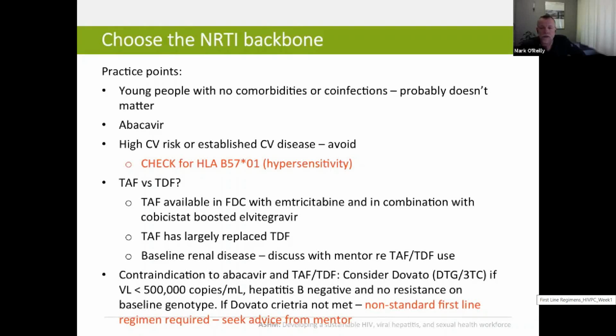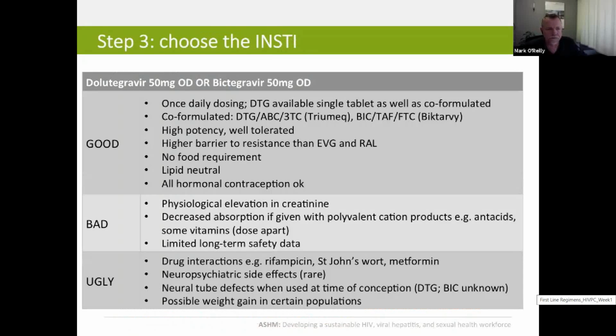They need to be hepatitis B negative, because it's only got 3-TC, one drug that's active against hepatitis B, and we want to make sure that they have no resistance on their baseline genotype. If the criteria for initiating Dovato are not met, then we're talking about a non-standard first-line regimen, and you really, really need to be talking to your mentor to look at what other options might be available for that individual.